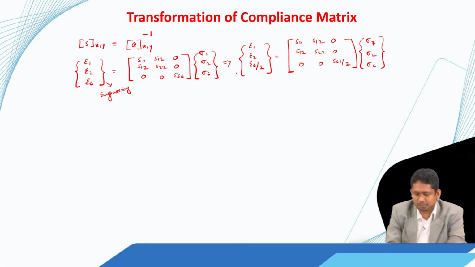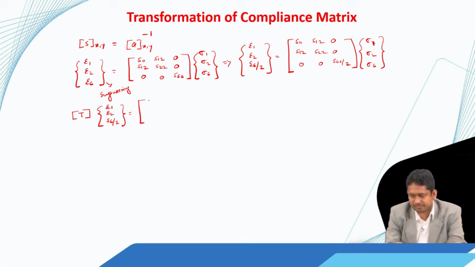Now, here we can put the transformation relation. So, we have T and we have epsilon 1, epsilon 2, epsilon 6 by 2, and we have this same S matrix in the 1-2 system adjusted for tensorial strain definition.